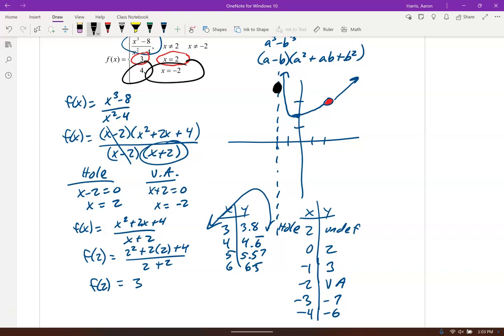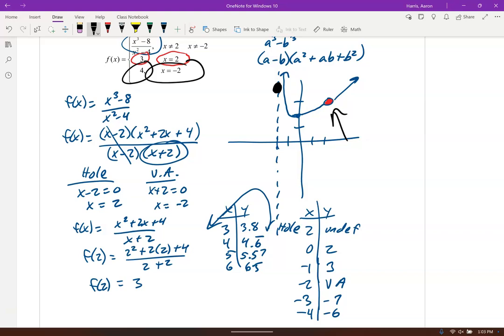So then the question becomes, where is it discontinuous? Well, we replaced that hole, so that's not a problem anymore. What about the vertical asymptote? Is that still a problem? Yeah, even though it's defined, it's still a problem. I still have that gap because it's not continuous.